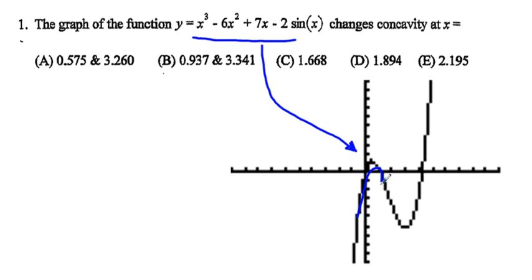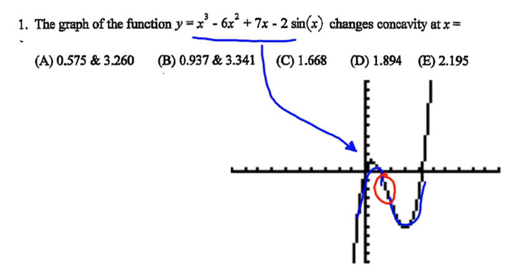The function's concave down because it's kind of a frowny face, and then at some certain point, the function becomes concave up. Right around here someplace, there's a change in concavity, where we go from a frowny face on the left side to a smiley face, an upturn. So we're going to do an analysis to take care of that.